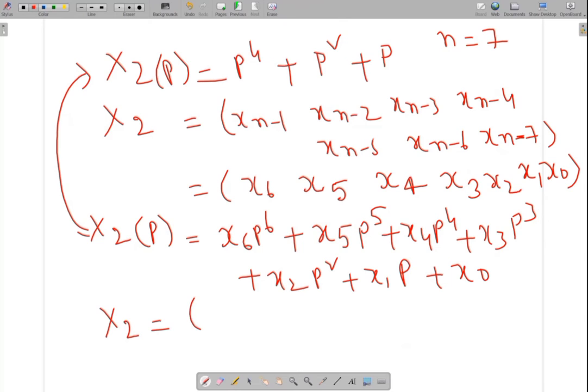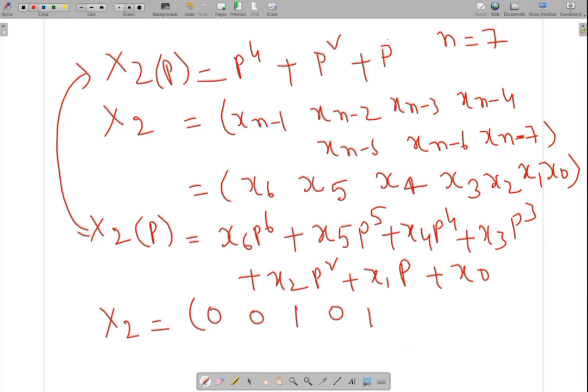Here x6 is 0 because p power 6 term is not there in x2 of p. x5 is also 0 because p power 5 term is not there. x4 into p power 4 means p power 4 term is there, 1. x3 is not there. x2, 1.